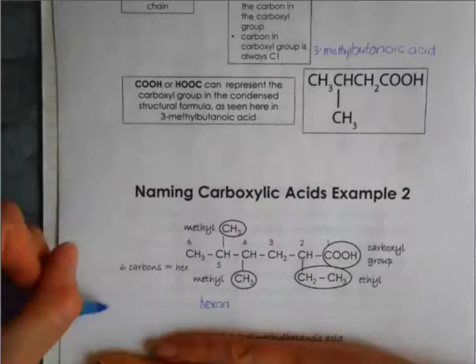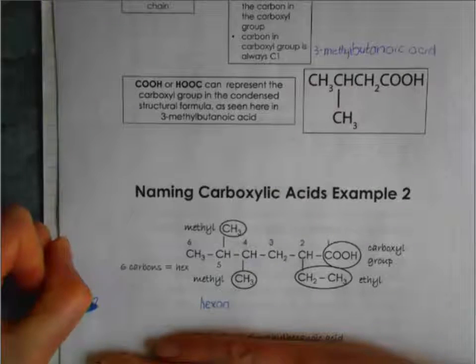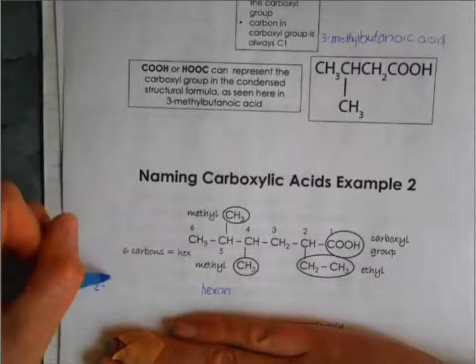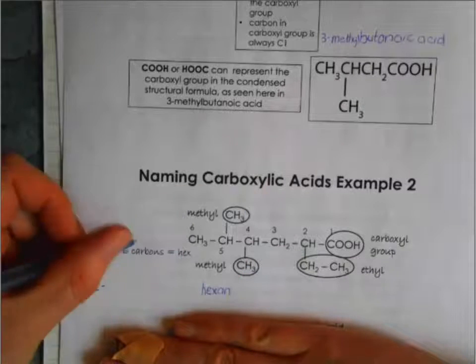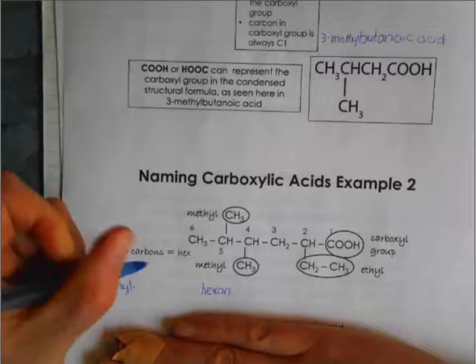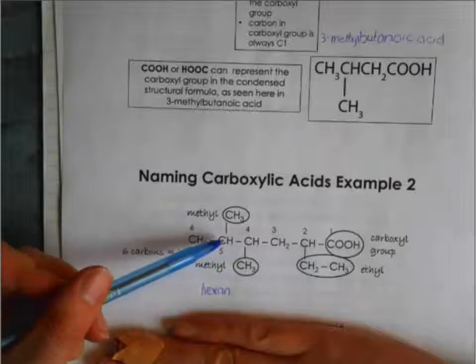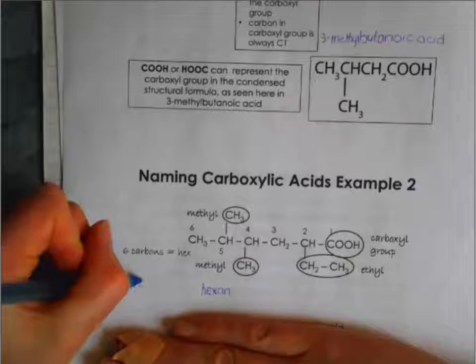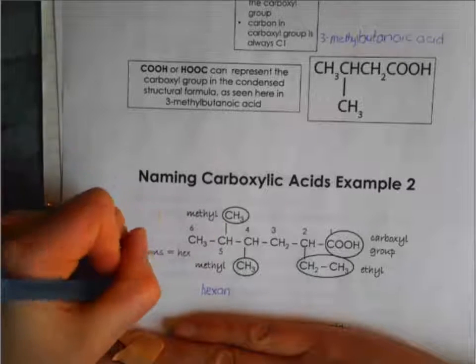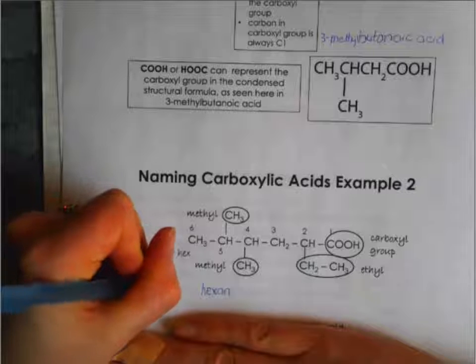So if we're doing our prefix, we'd say we have 2. I have to think about whether I do commas or dashes. It's been a little while since I did this. Okay, so it would be 2-ethyl, and then 4,5. So I'd do 4,5 because these are the same groups. So 4,5-dimethyl.